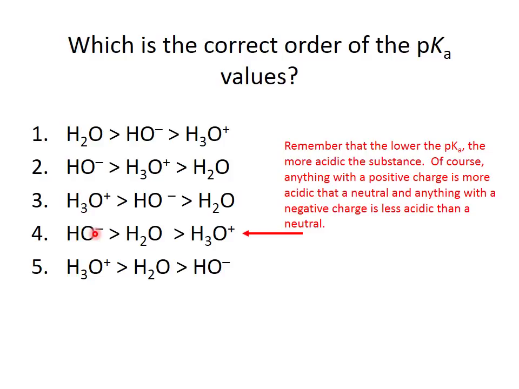The next acidic is going to be water. The most acidic is going to be the hydronium ion. So this is the order of acidity, and so the pKa would be highest for this species and lowest for this, because this would be most acidic.